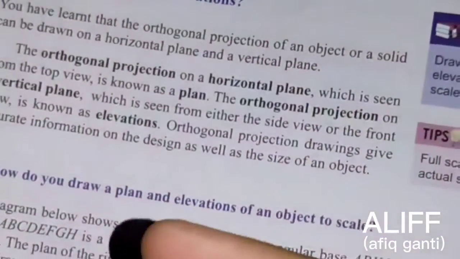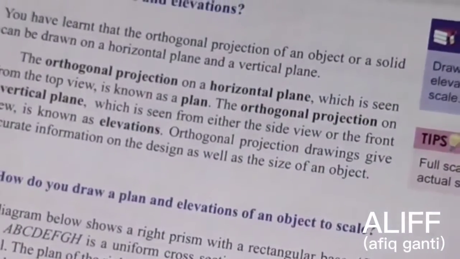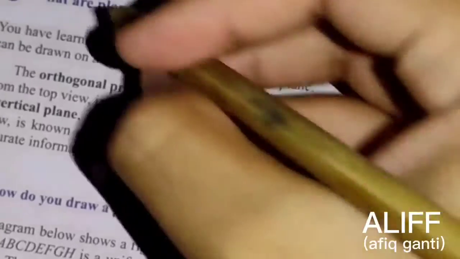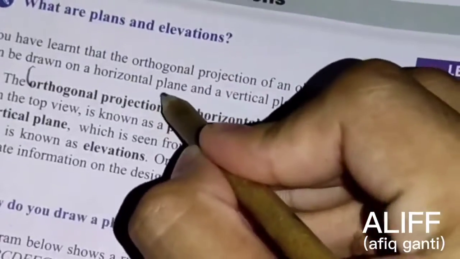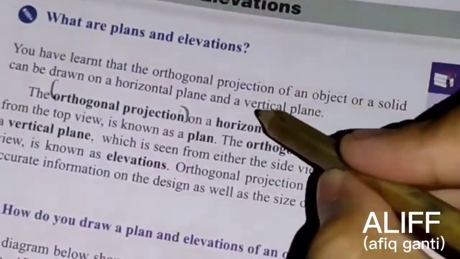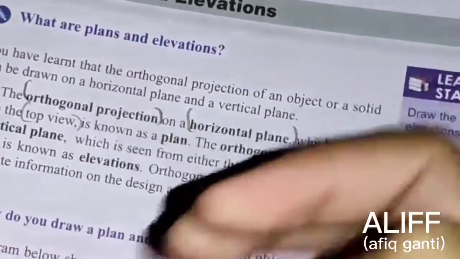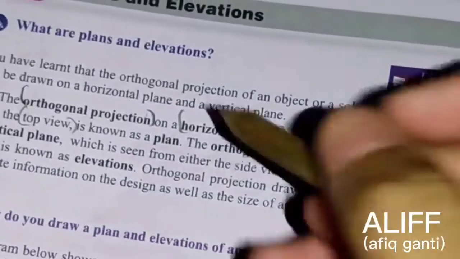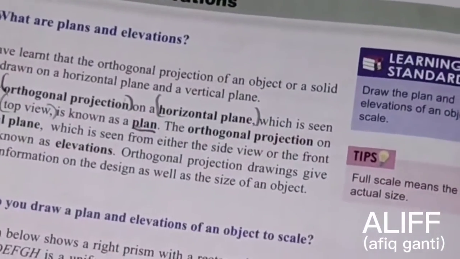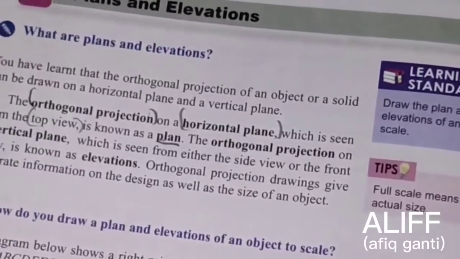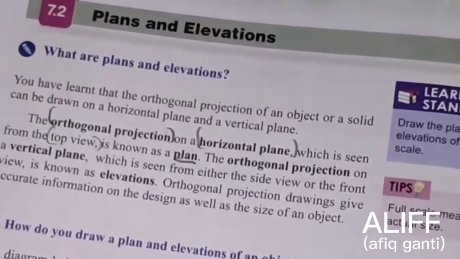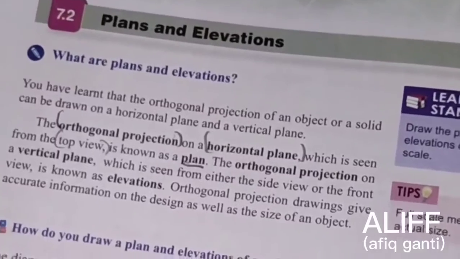You need to mark these keywords: one, orthogonal projection; two, horizontal plane; and three, top view. All of this is known as a plane. It means the orthogonal projection on a horizontal plane seen from the top view is known as a plane.